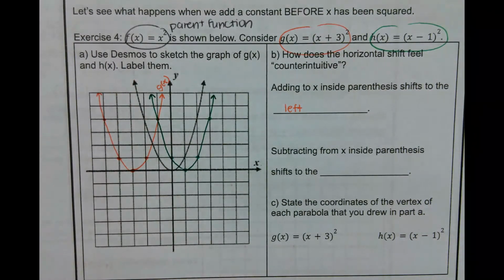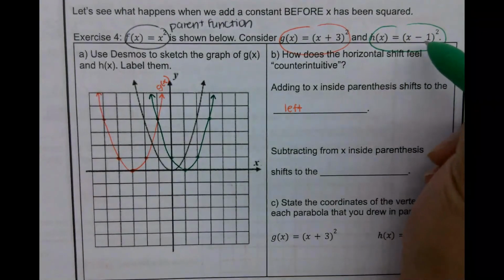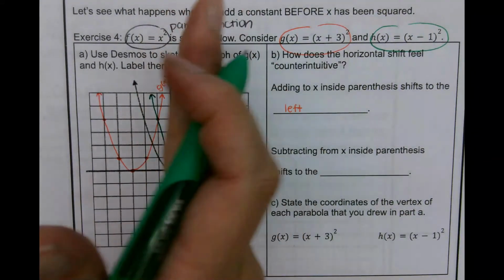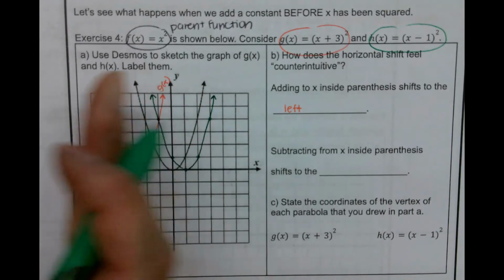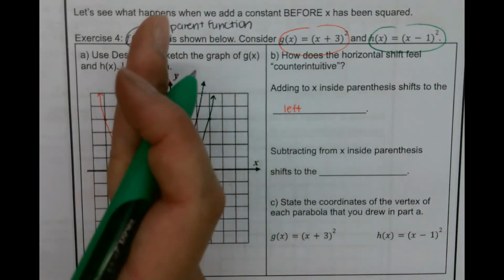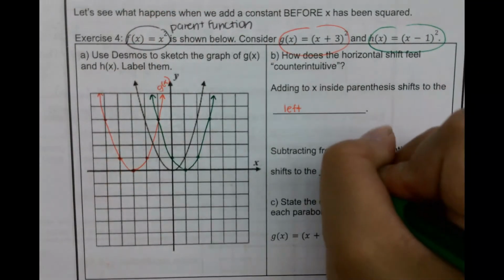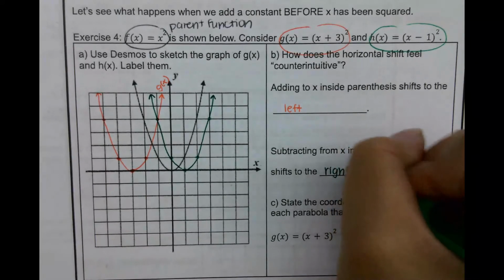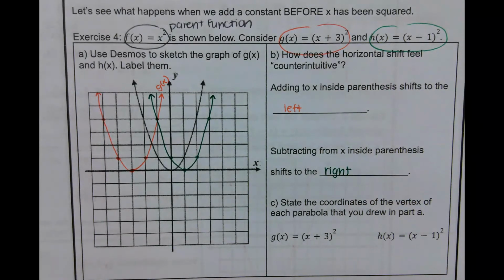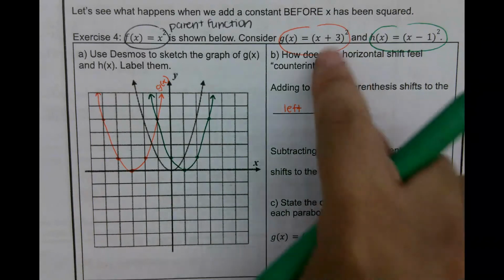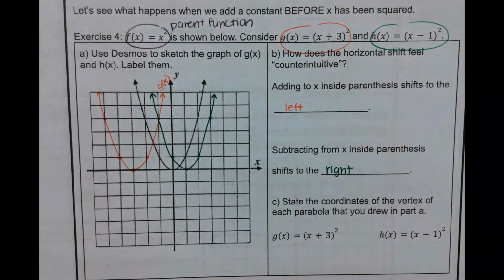Whereas when we subtracted from x, like we did with h of x, instead of moving left, it actually moved right.